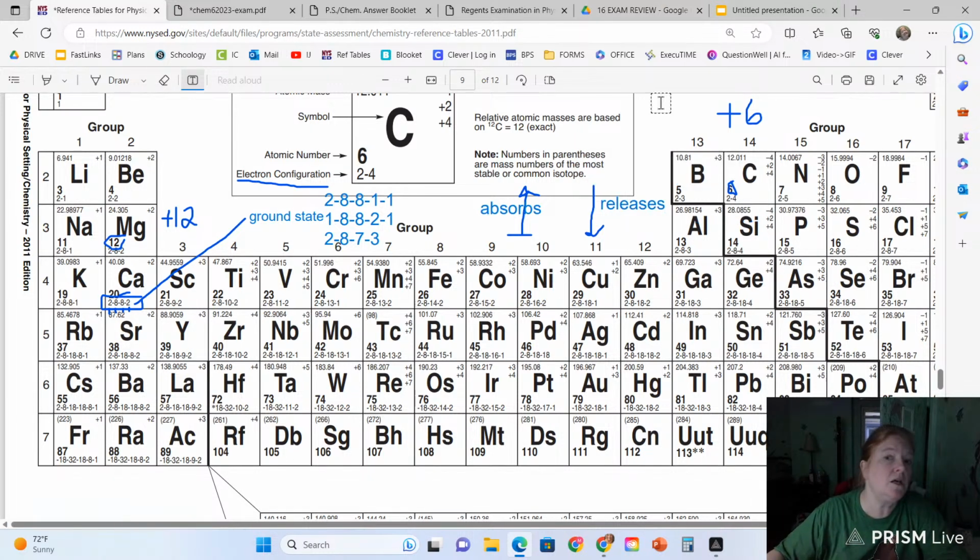Okay, so we can see it. So if you did the flame test lab, that's when you saw it. The electrons absorbed energy because you heated them in a flame, but they don't stay up there for too long. They fall back down and release energy as light. And in a flame test, we see it in color. We see it in fireworks as well. Okay.